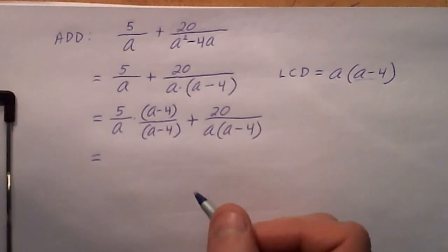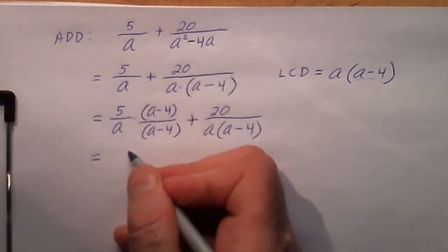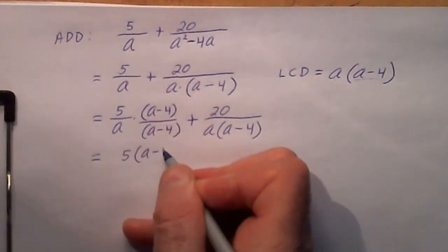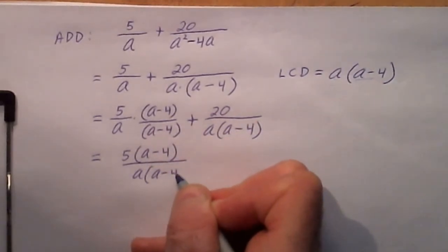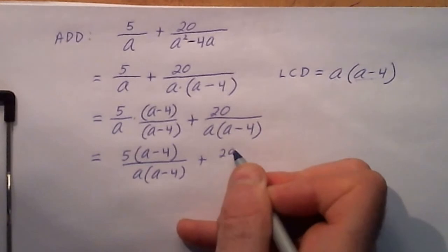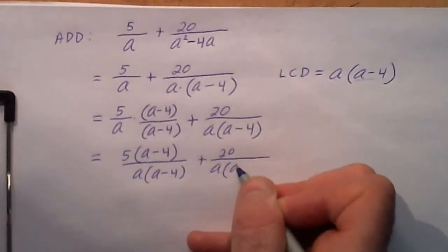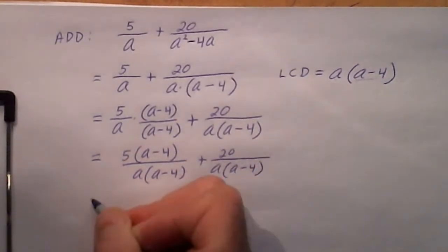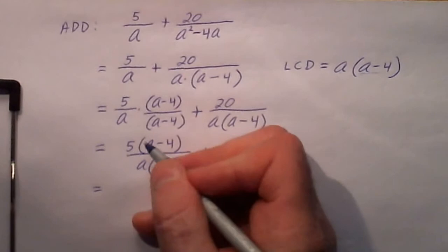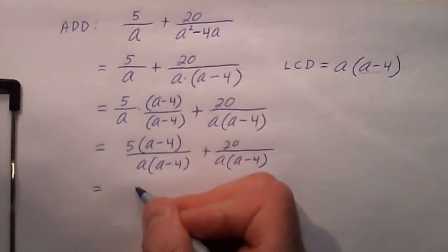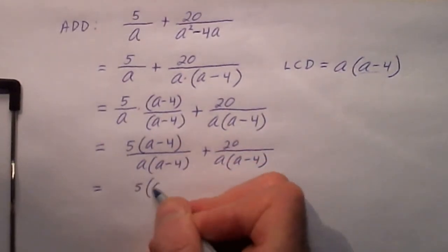Now that both of our rational expressions have a common denominator, all that remains is simplifying our numerator. So to simplify the first numerator here, well, tell you what, let's just write it like this.